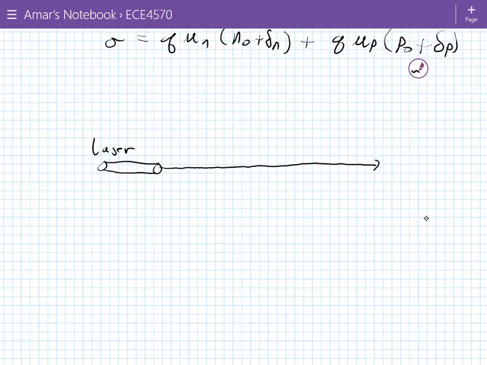And on the other end, you'd have a photoconductor, connected to a bridge circuit, a circuit which detects changes in resistance. The laser beam comes in and gives a fixed amount of light to the photoconductor, so there's a certain resistance of the photoconductor.